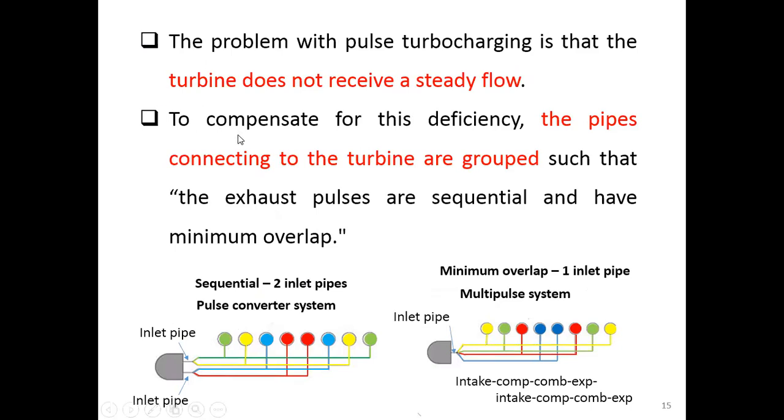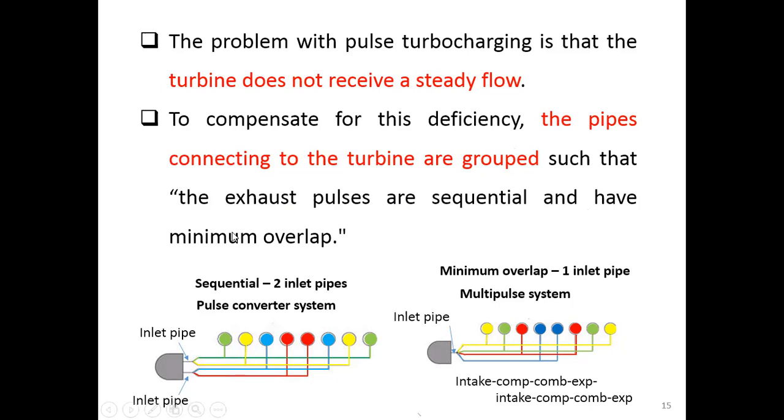So to compensate for this deficiency, in order to reduce the effects of this unsteady flow on the turbine, the pipes that we connect to the turbine will be grouped together. The concept of grouping the pipes together is that we group them such that the exhaust pulses will be sequential and have a minimum overlap.